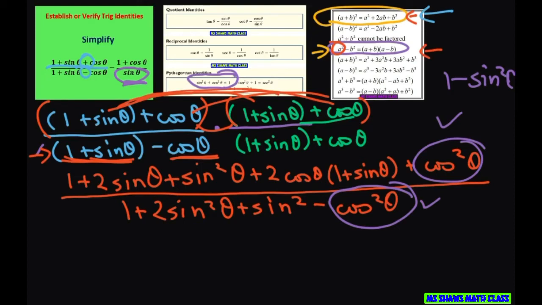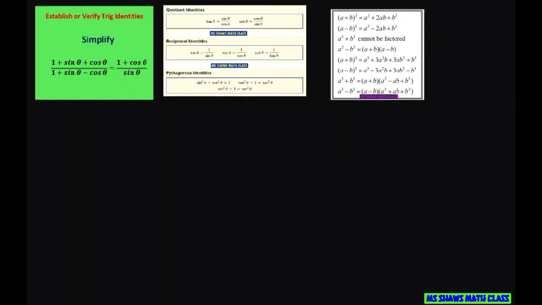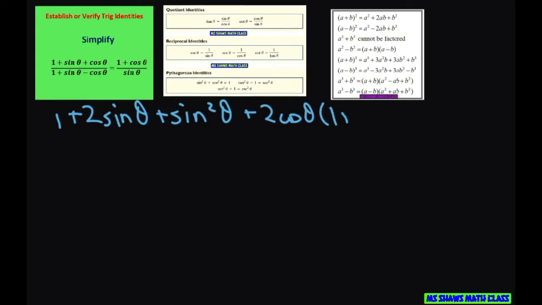Okay, here we go. So that's going to be 1 plus 2 sine of theta plus sine squared of theta plus 2 cosine theta times 1 plus sine of theta. And it's going to be plus 1 minus sine squared of theta.